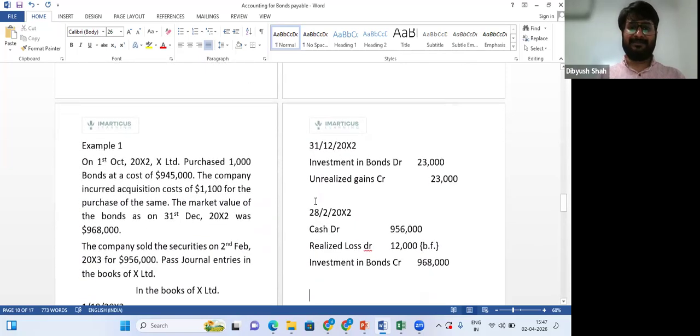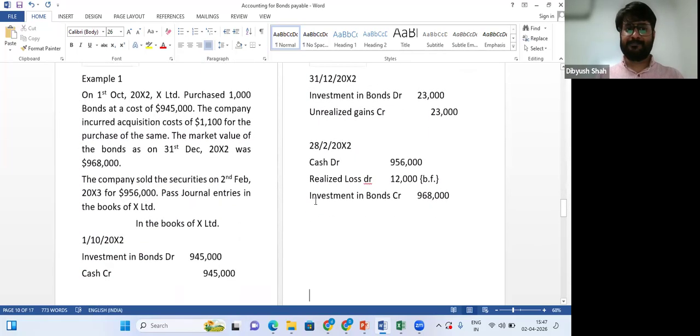So let's look at an example that I have prepared for this. Example 1. On 1st October, please read it with me and read it patiently. On 1st October 2002, X Limited purchased 1000 bonds.